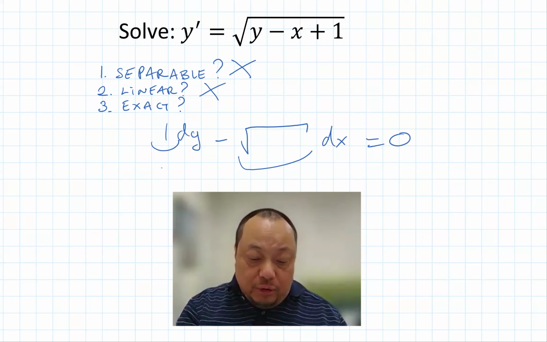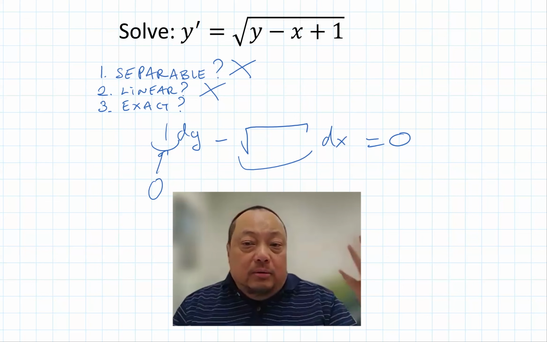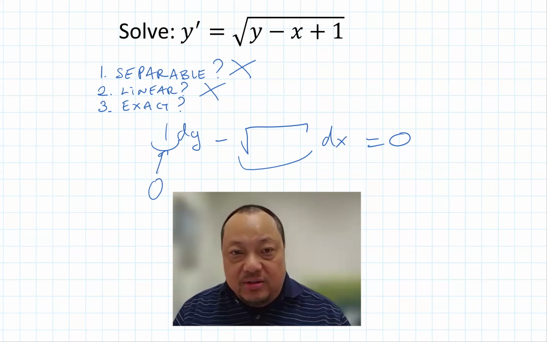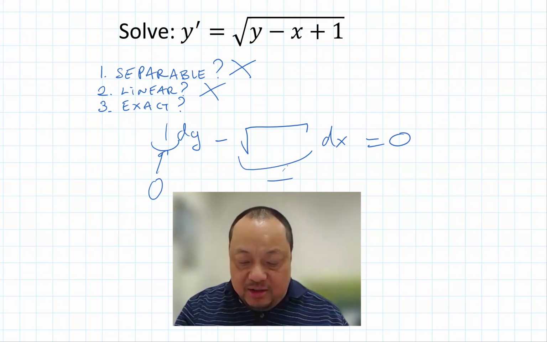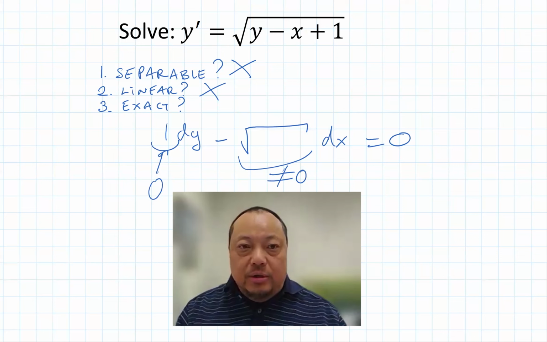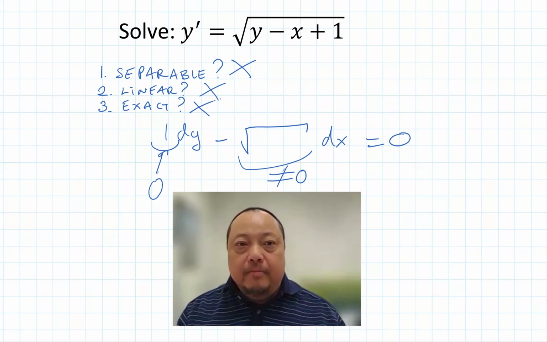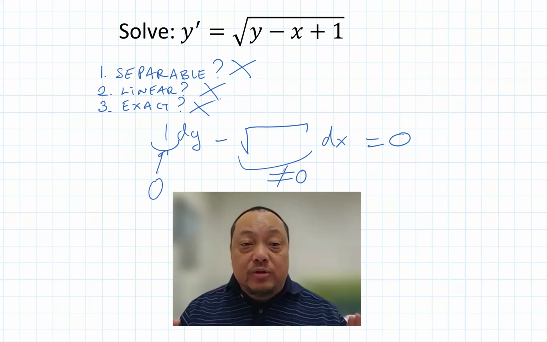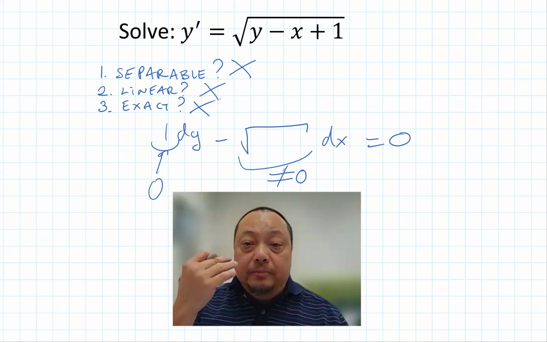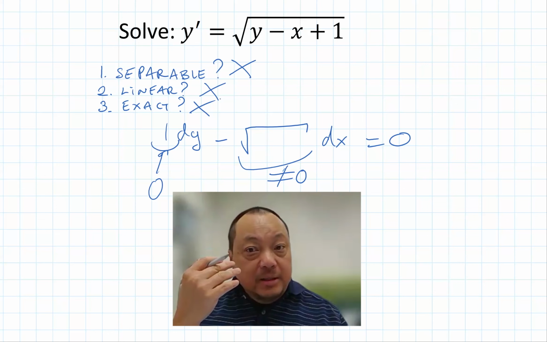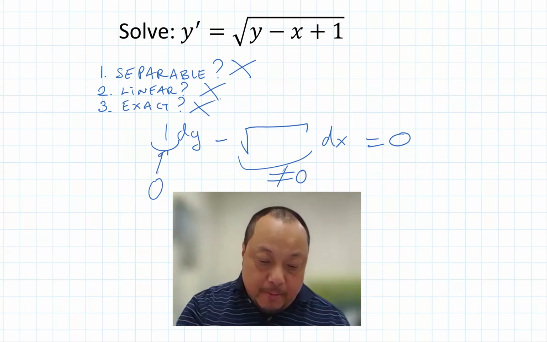And no, the partial derivative of this one with respect to x is a 0, and this is non-zero. So yeah, not exact. So none of these easy forms applies. We ignore them all. We move on with solving it a different way.